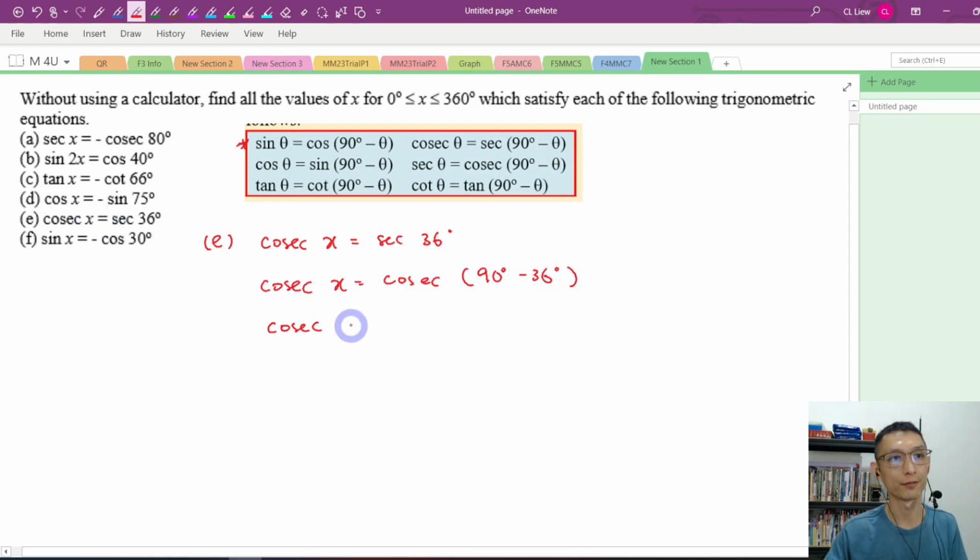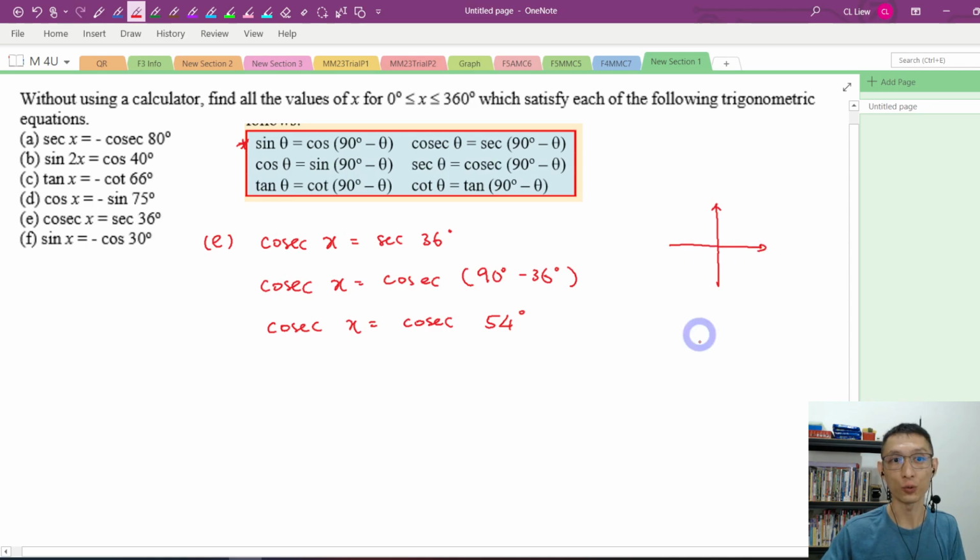Okay, no negative. Okay, now I know that the reference angle is 54 degree, and you will notice that this is positive sign. You don't see any sign here, meaning positive. So cosecant of x will give us positive value.